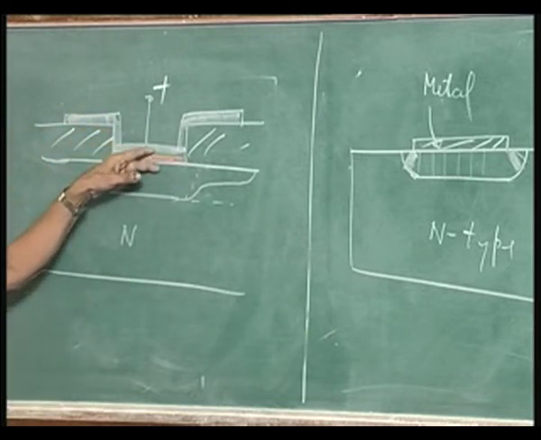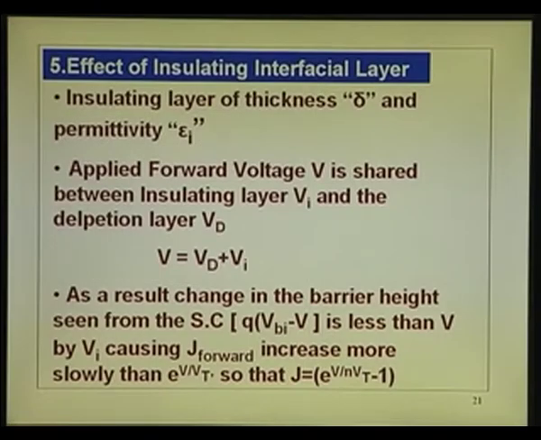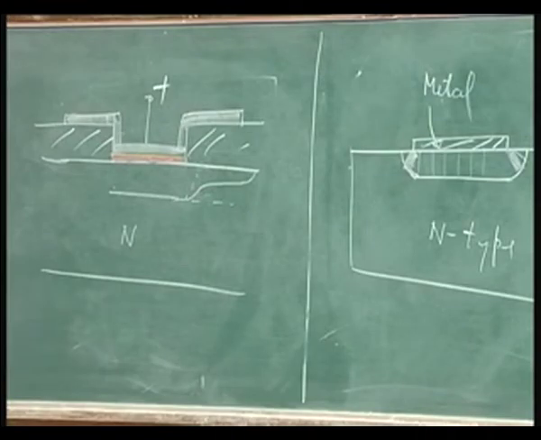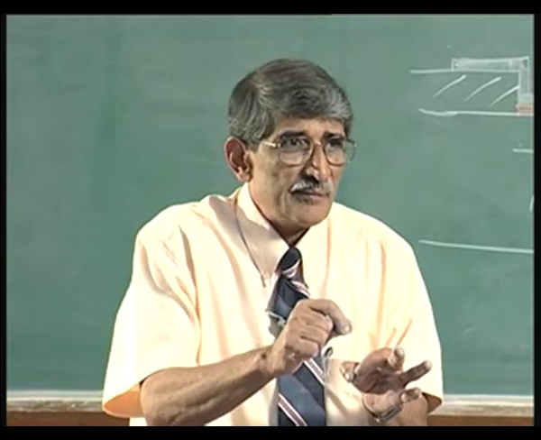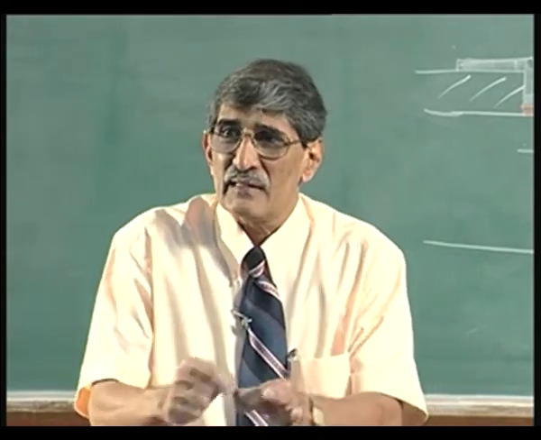The voltage that goes to this layer is very small, because it is after all 5 angstrom, 10 angstroms. Its current can tunnel through that. So, you have got some voltage dropping across that. Now, when I increase the voltage in the forward direction by delta V, I expect the current to increase by e to the power delta V by V t.